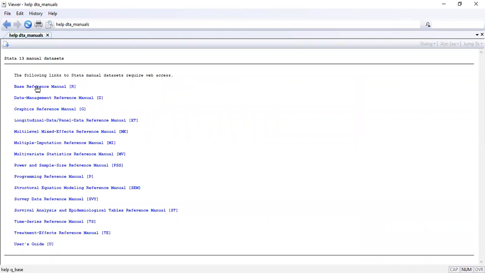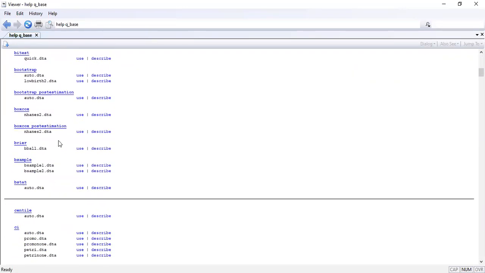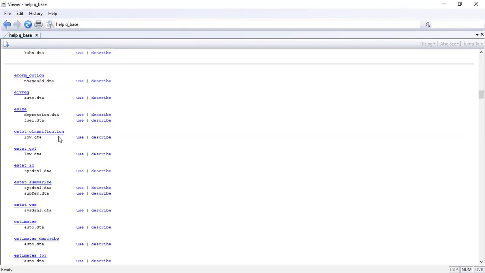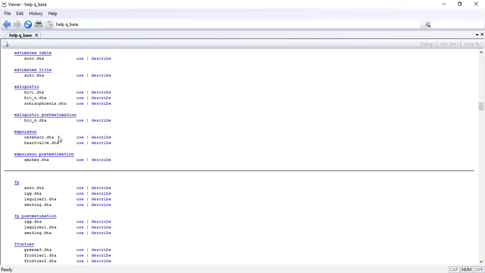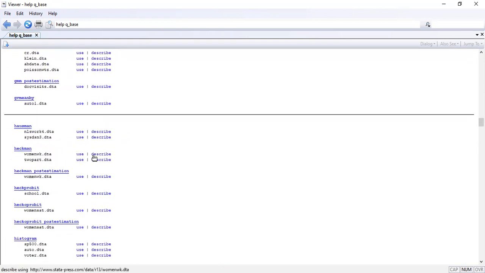Then we will go to the Base Reference Manual, and then scroll down to find the Heckman data file. This is the Heckman data file. We have a data file, women work.dta.